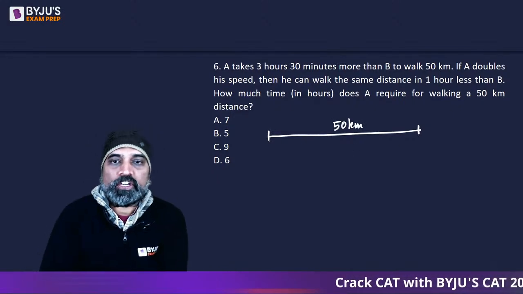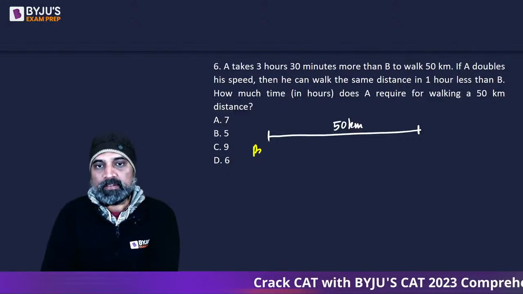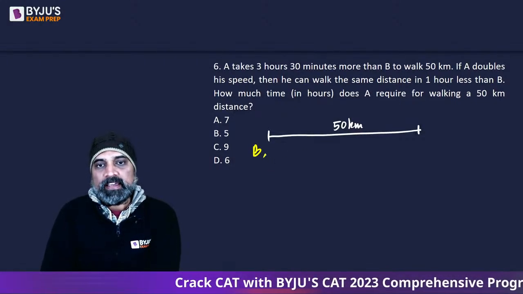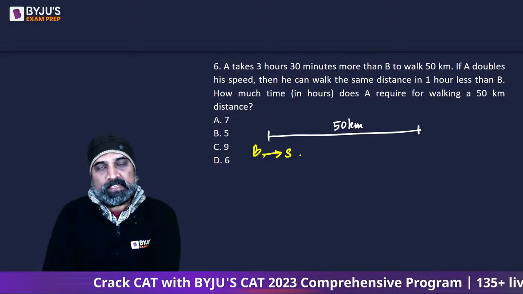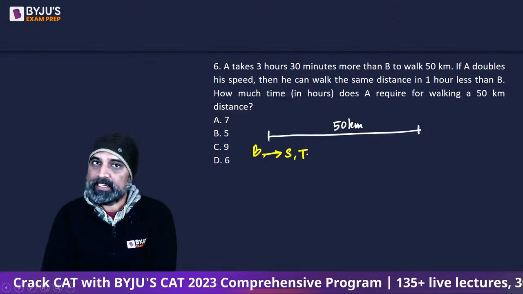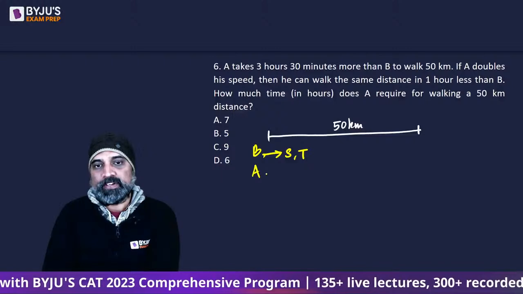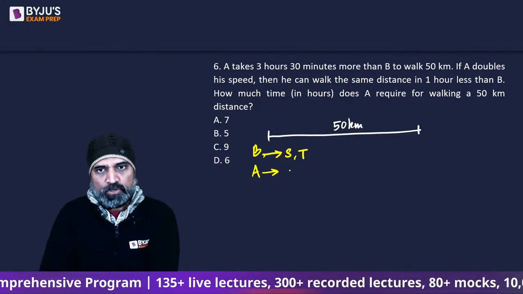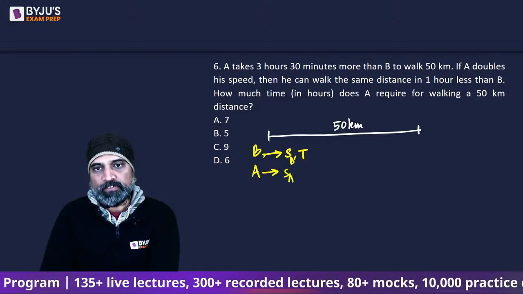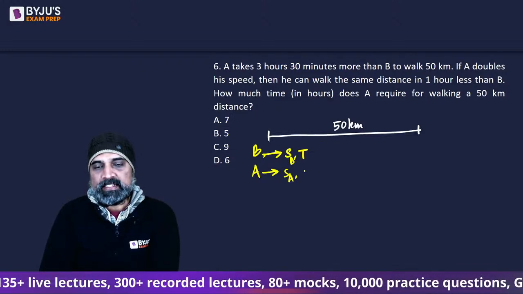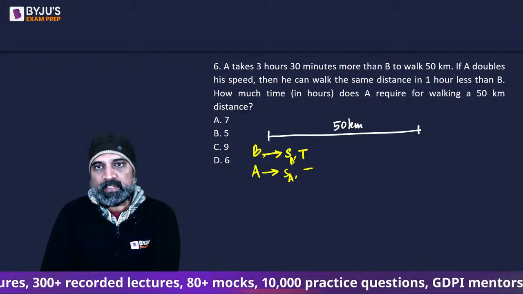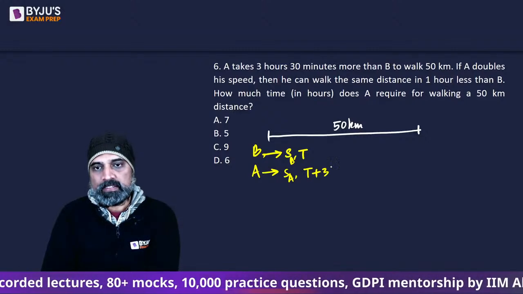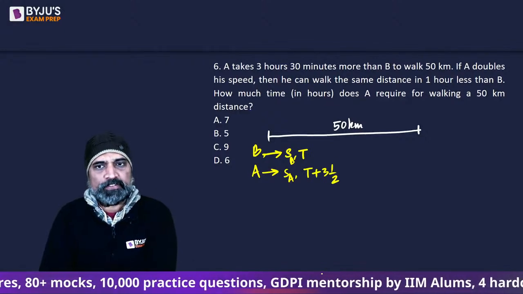Now, if we talk about B, if his speed is s, then he takes t time. And if it is A, then he takes, at his own speed, let's say speed of A, a time which is going to be t plus 3.5. 30 minutes is half an hour.